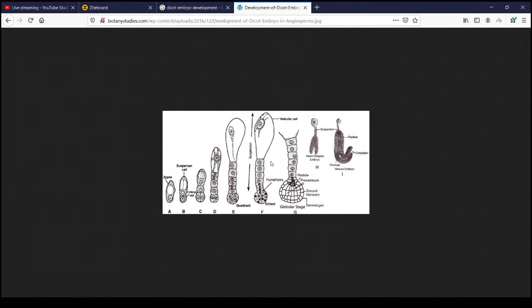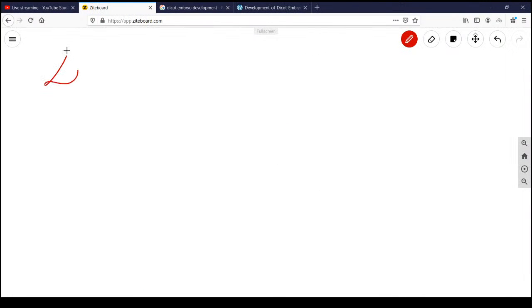What is a dermatogen? So dermatogen, I'll write down. Dermatogen is nothing but the outer cells.